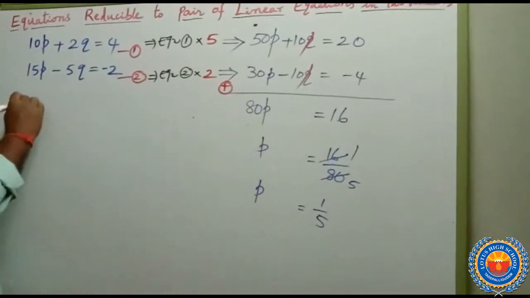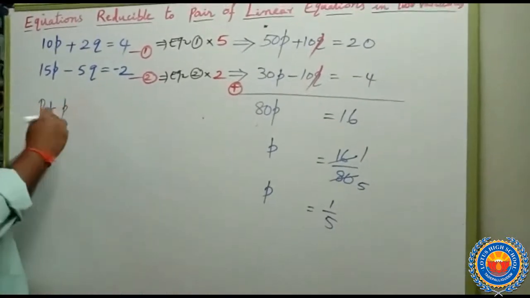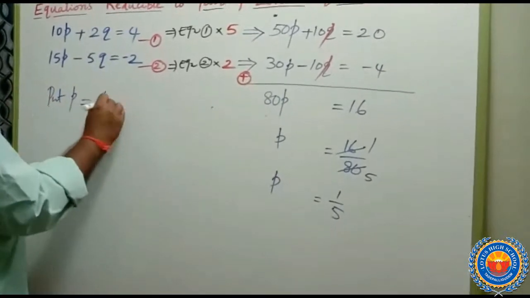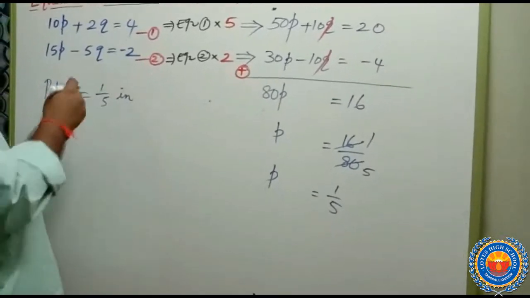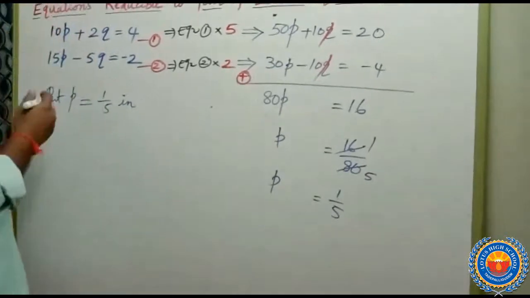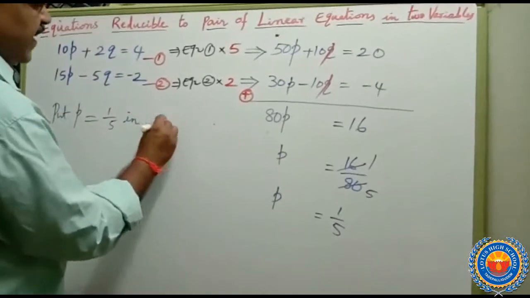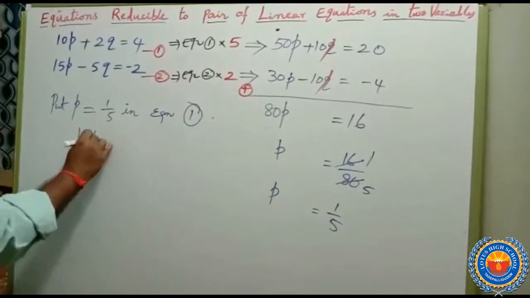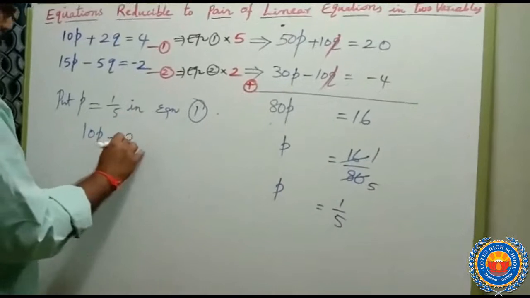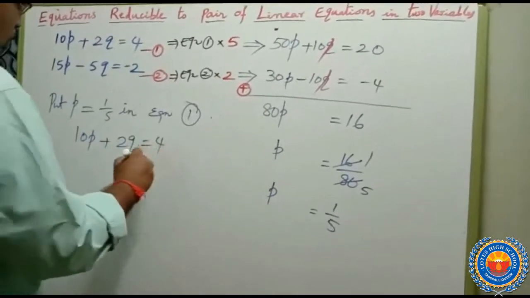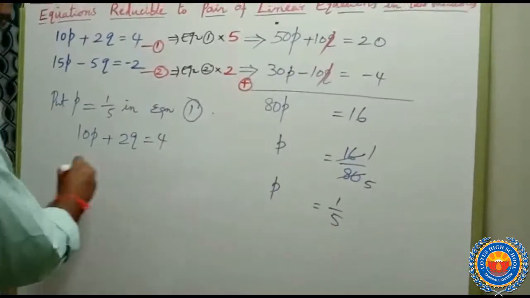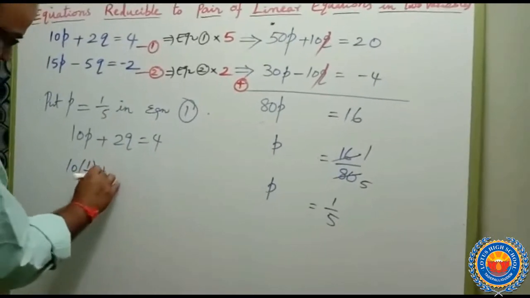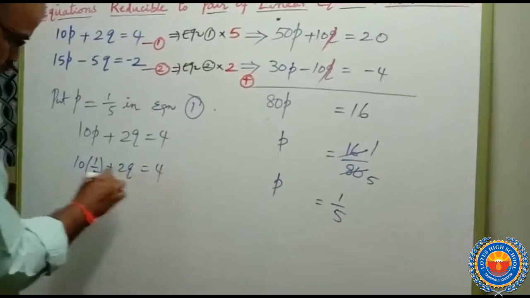Put p is equal to 1 by 5 in any equation, either 1 or 2. So in equation 1, that's why 10p plus 2q is equal to 4. 10 into p, 1 by 5, plus 2q is equal to 4.